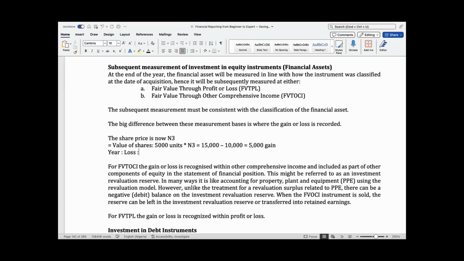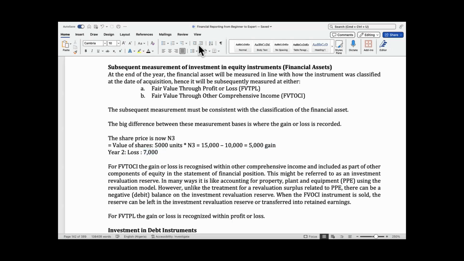In year 1, you made a gain of 5,000, and because this investment is measured at fair value through OCI, that gain goes to OCI. Now in year 2, you made a loss of 7,000.